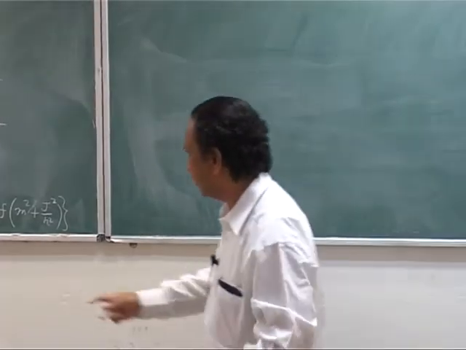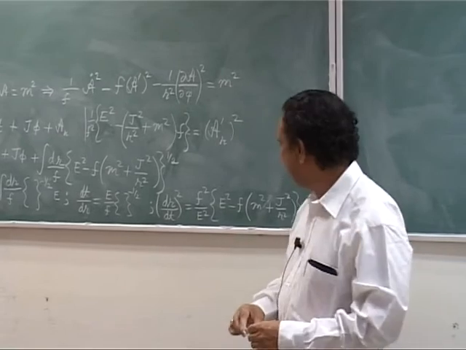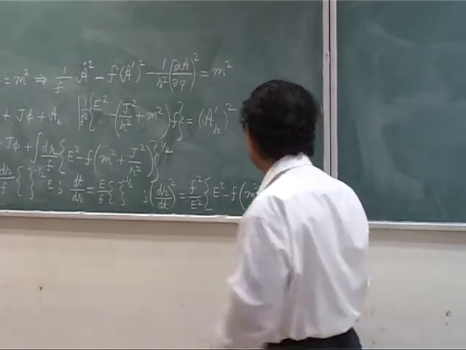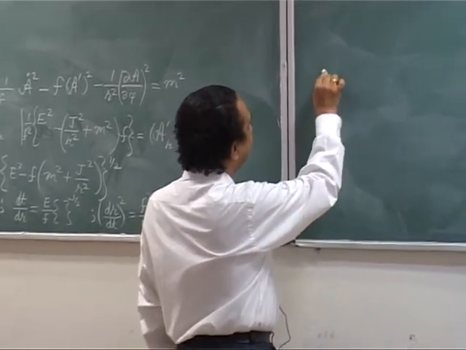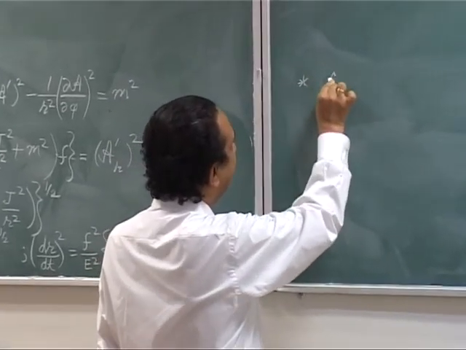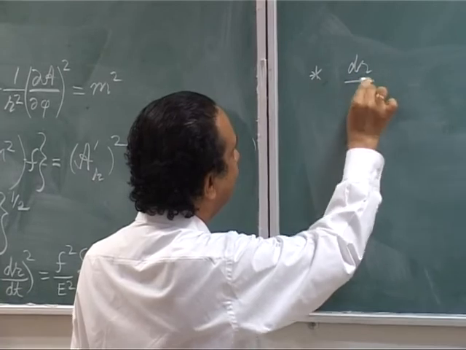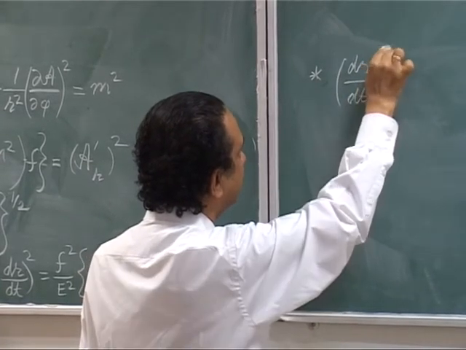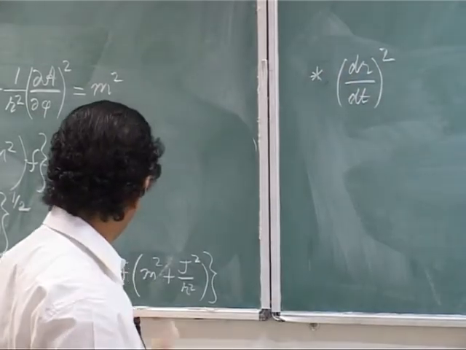So, I have this equation and let me pull out an f out of this as well. Okay. So, what I will have there is that dr by dt the whole square, I am pulling out that f.